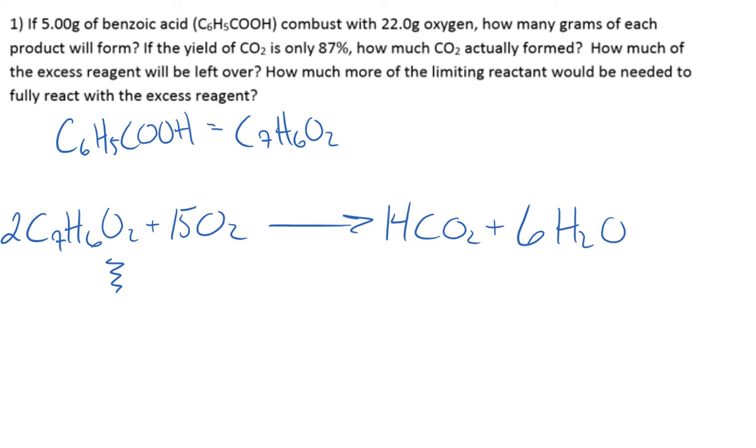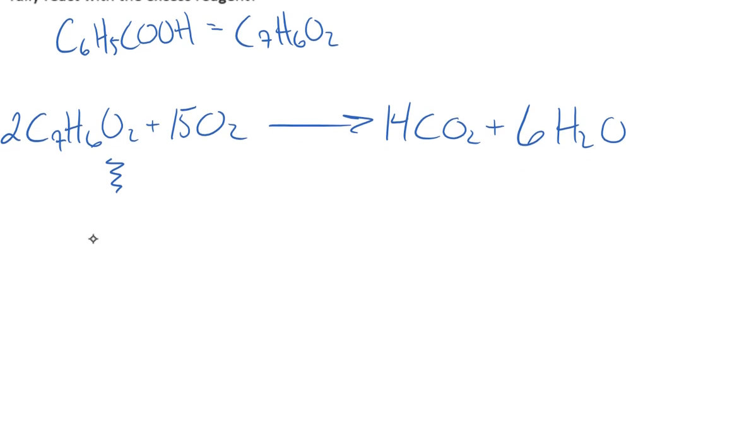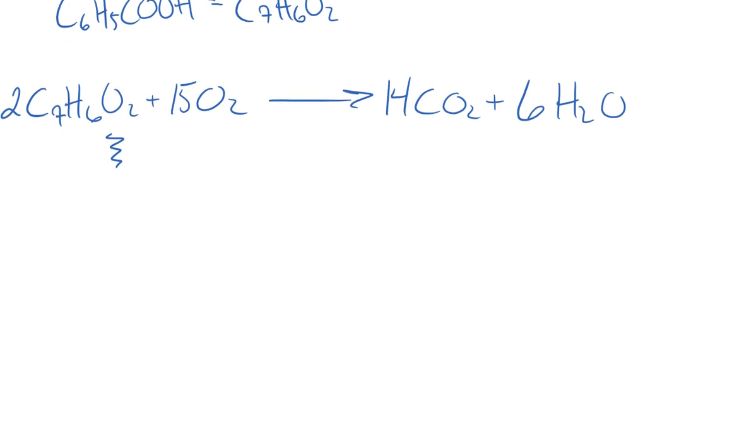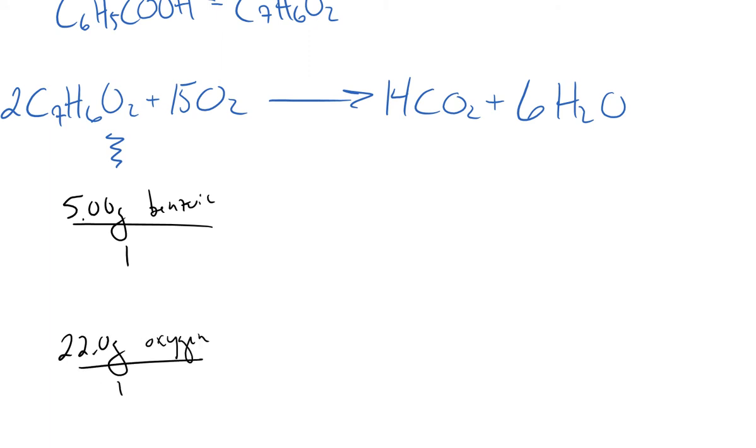When dealing with limiting reactant problems, you want to look at how much product each of the reactants is capable of forming. We know that we had 5 grams of benzoic acid and 22 grams of oxygen. In both cases, I want to convert those to moles, to a mole-to-mole ratio, and then determine how much carbon dioxide both of those are capable of forming.